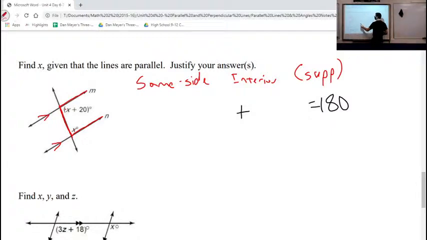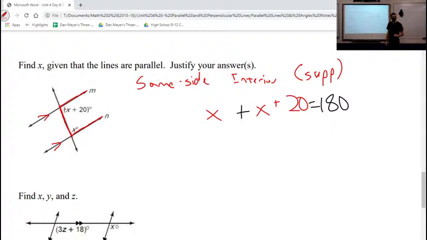What are my angles that I'm adding? Well, the first one's x, and then the second one is x plus 20. Boom, equation. So this is the key part of the setup.